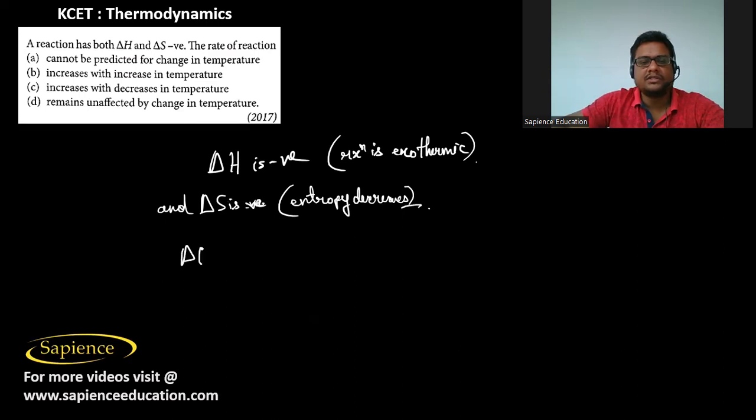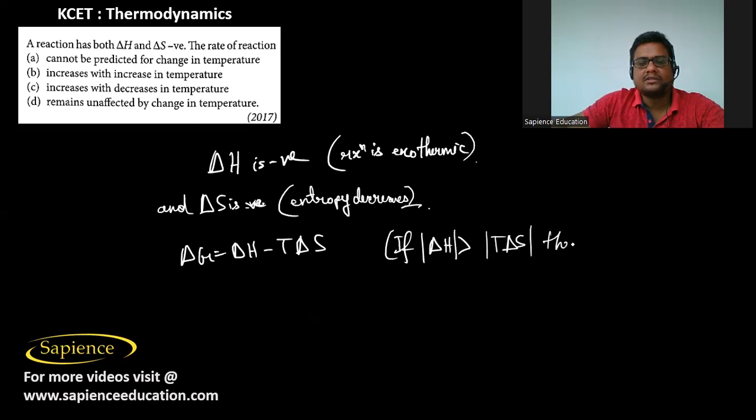Now delta G is equal to delta H minus T delta S, as we know. Now delta H is negative and delta S is also negative. So if the magnitude of delta H is more than the magnitude of T delta S, then only delta G will be negative, and then only the reaction will be spontaneous.